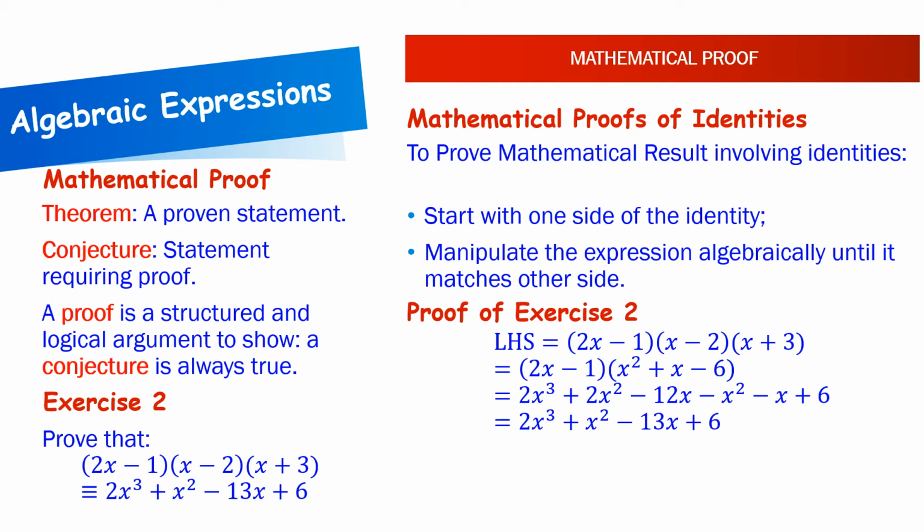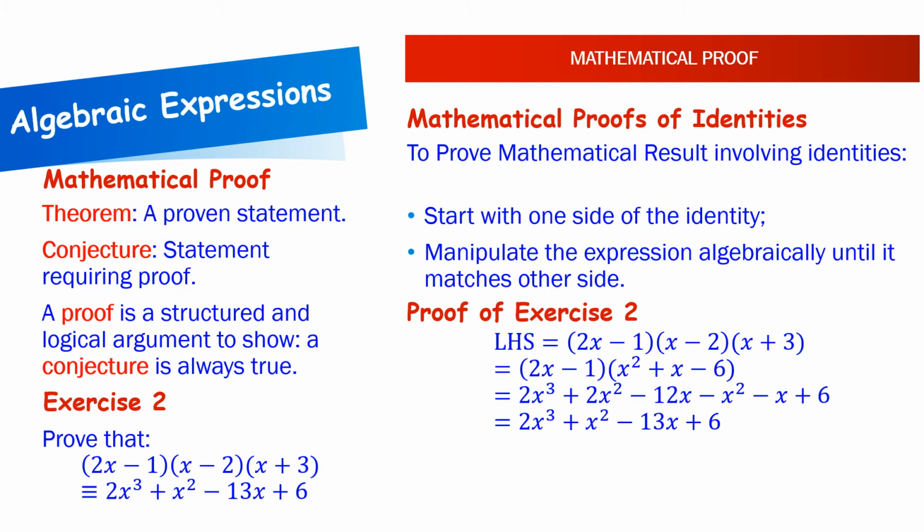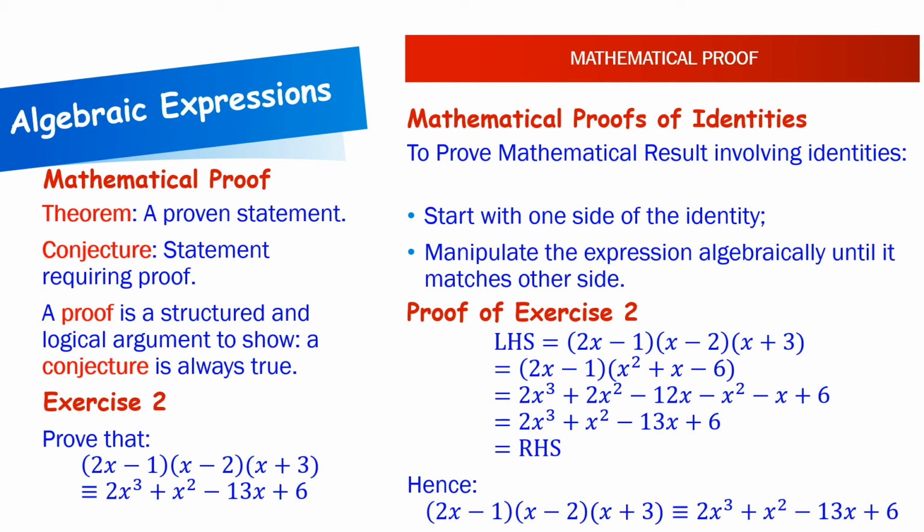And finally, we tidy up. And of course, once we've tidied up, we can see that this is equal to the right-hand side of the identity that we were required to prove. As shown. And therefore we can conclude that the identity is true.